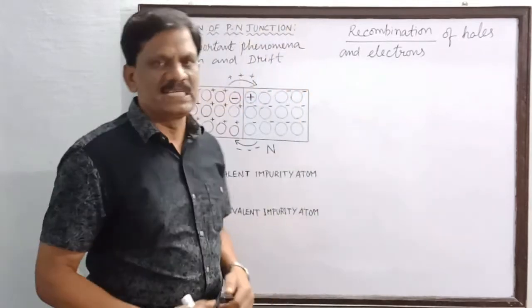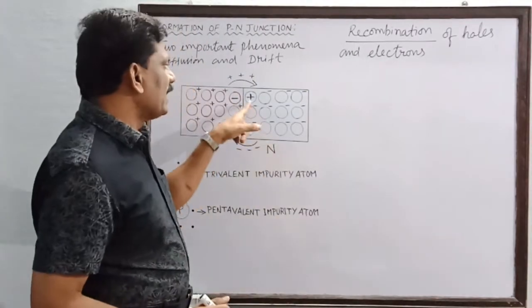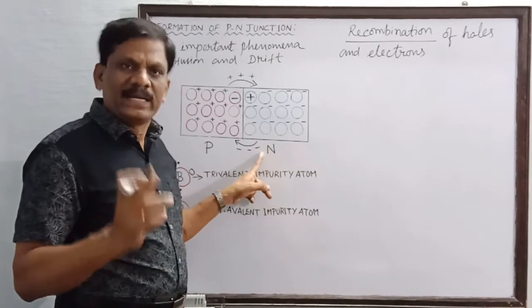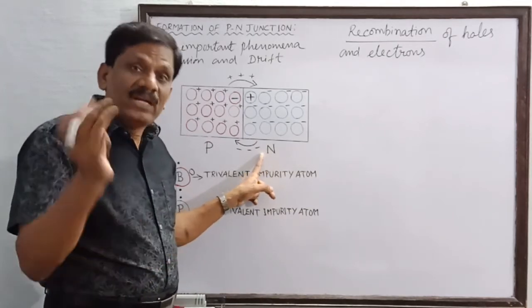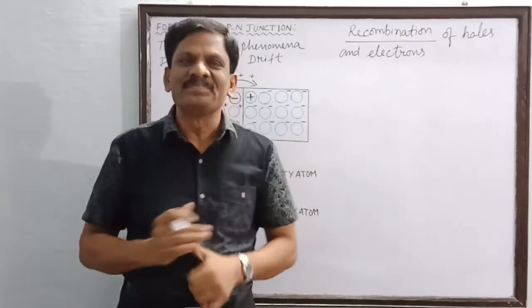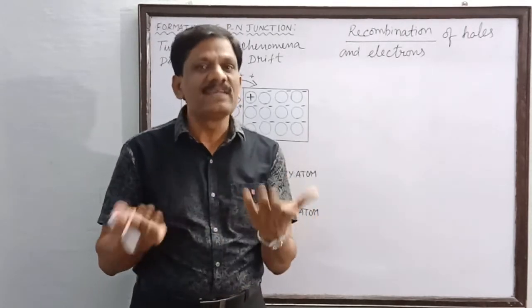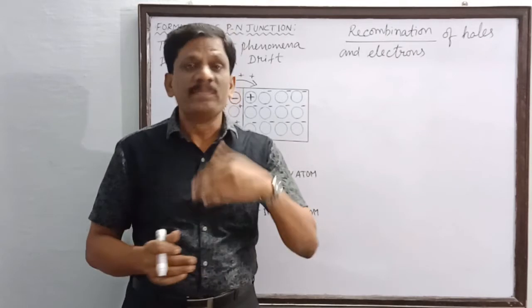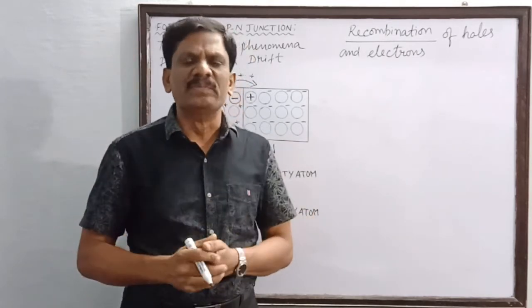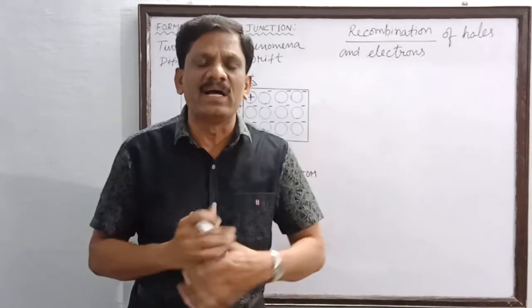Now you see the picture and answer my question. This atom which was in the N region of the junction has donated 1 electron. After donating, can this atom remain as an atom? No, because it has lost 1 negative charge. So it becomes an ion, is it not? If it donates a negative charge, what is the polarity of that ion?